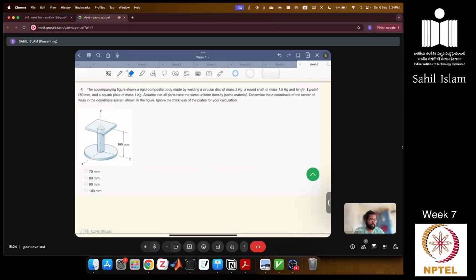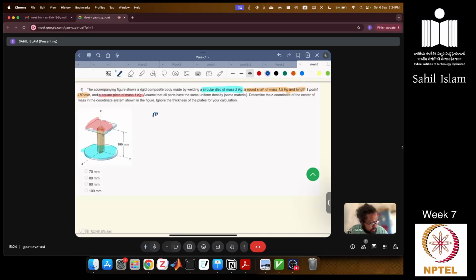Okay, next question. We are given 3 structures. The accompanying figure shows a rigid composite body made by welding a circular disc of mass 2 kg, a round shaft of mass 1.5 kg and length 180 millimeter, and a square plate of mass 1 kg.